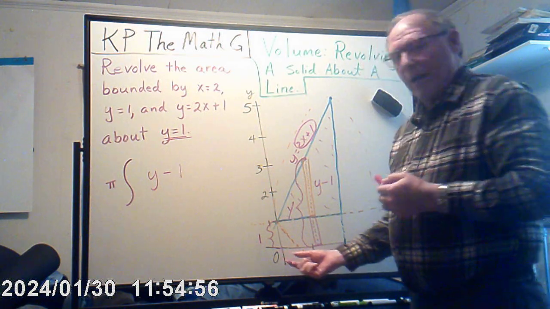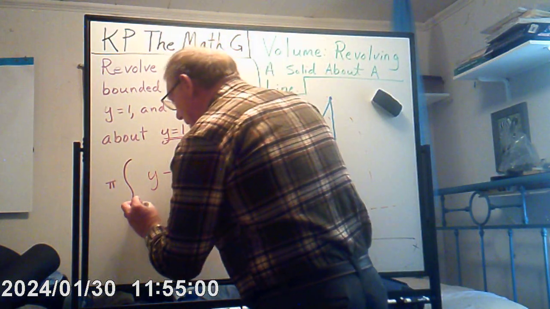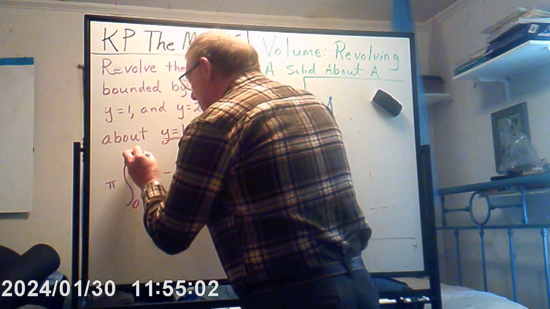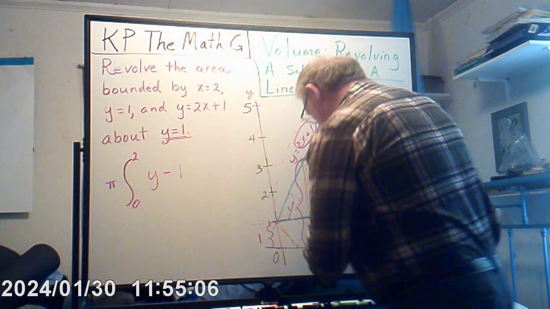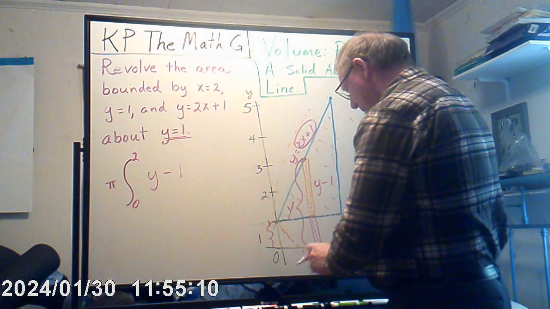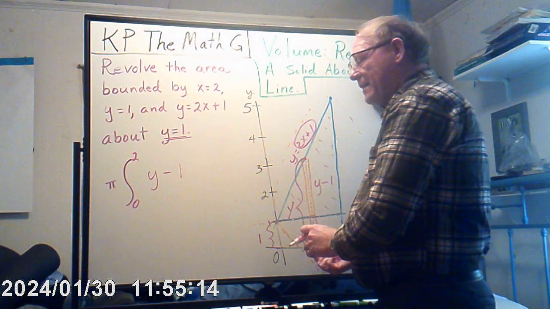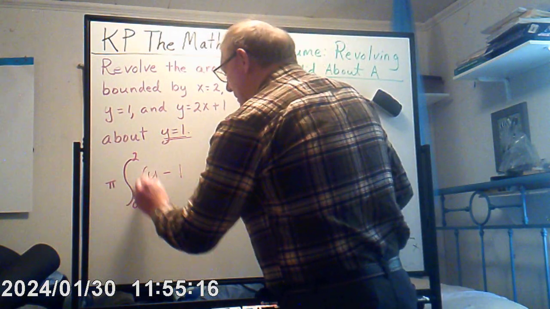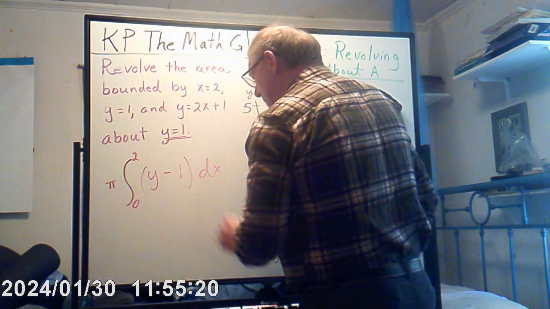From 0 to 2. So we're going from 0 to 2, and this thickness is delta x, which is dx here.